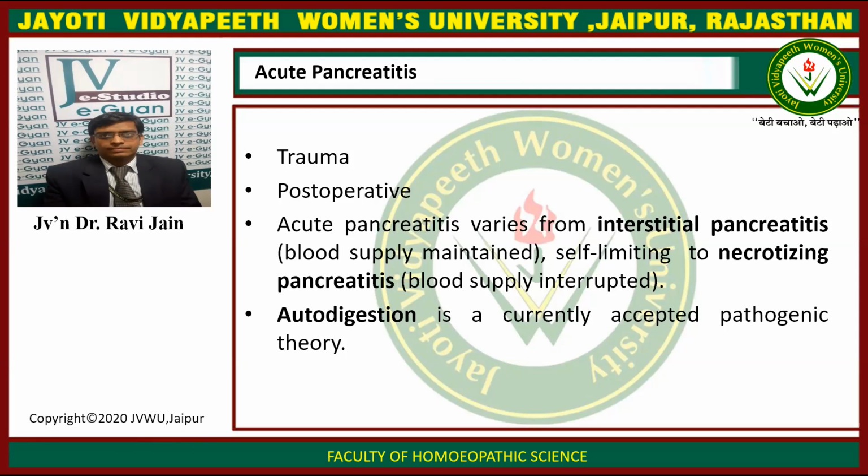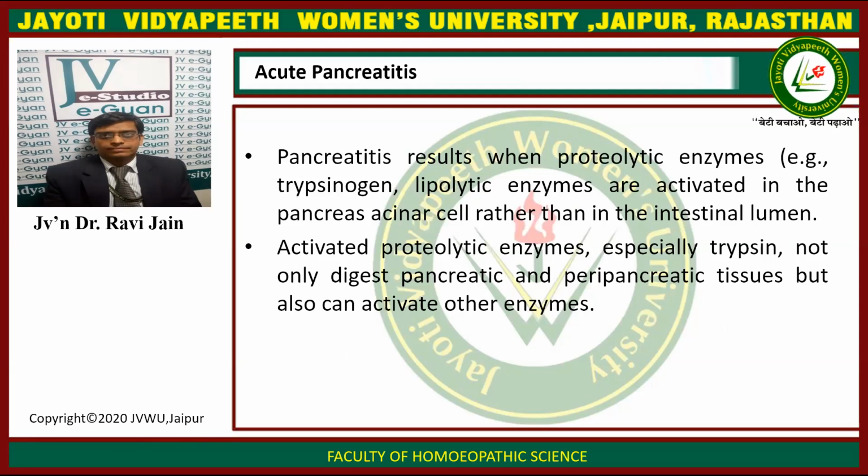Autodigestion is the currently accepted theory for the cause of acute pancreatitis. Pancreatitis results from proteolytic enzymes, for example trypsinogen. Lipolytic enzymes are activated in the pancreatic acinar cells rather than the intestinal lumen.